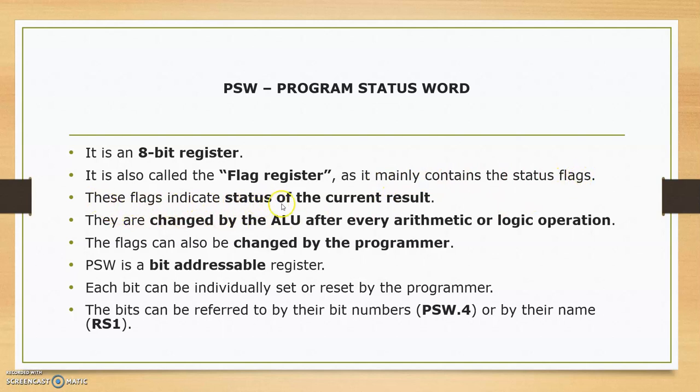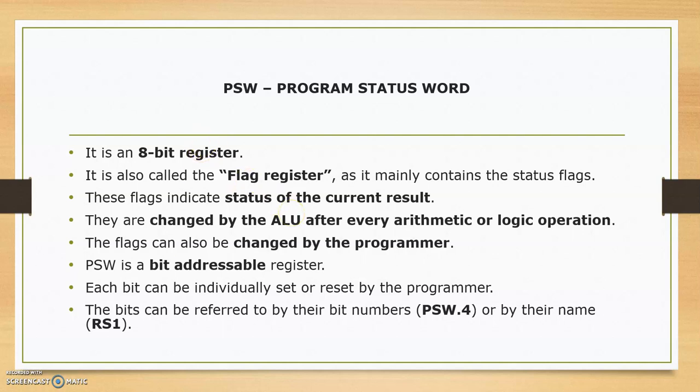These flags indicate the status of the current result. They are changed by the ALU after every arithmetic or logical operation. After completing every ALU operation, the status flags will be updated by the ALU.